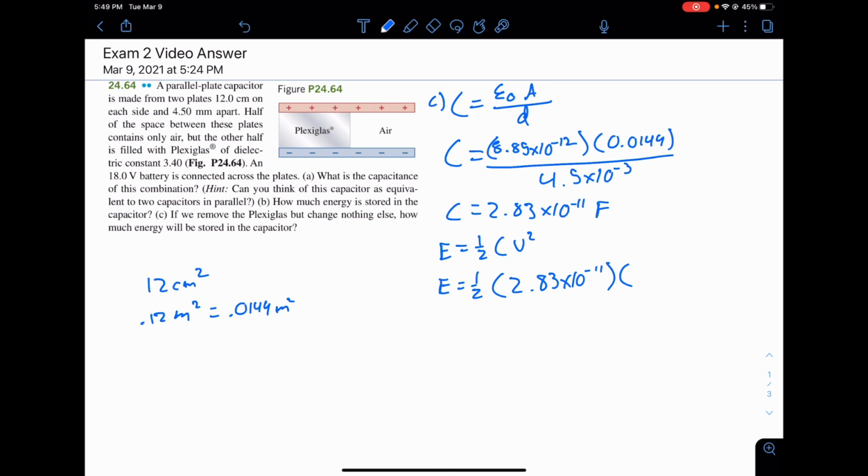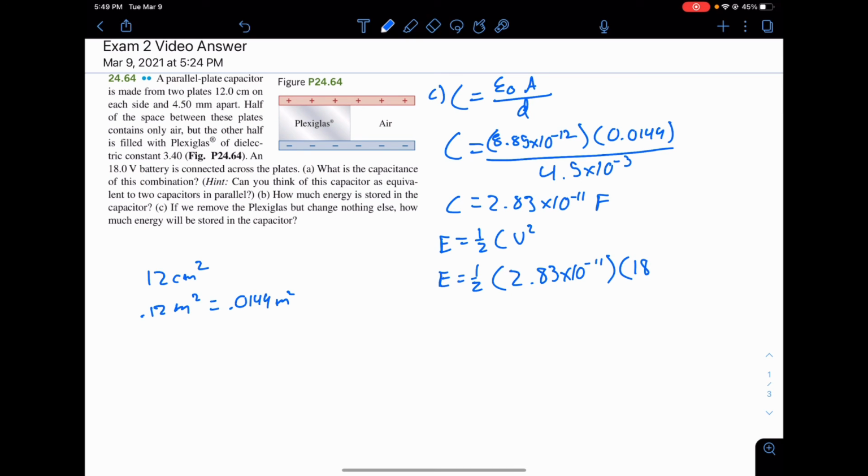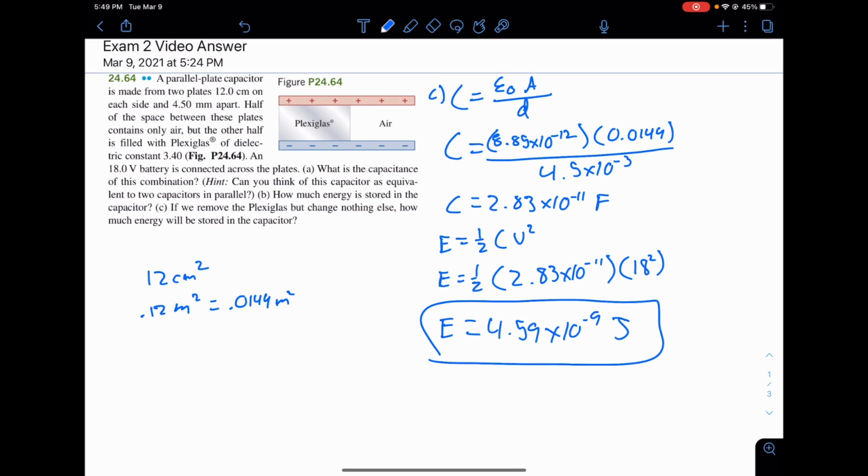So we just put back in 18 volts squared, and when we plug that in, we get an energy of 4.59 times 10 to the minus 9 joules, and that would be our final energy value.